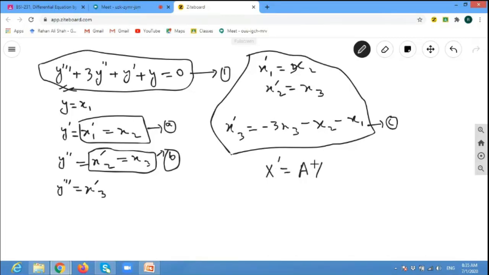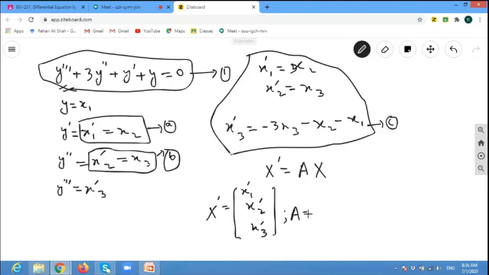We can write this system in this form, where x dash is a column vector, that is x1 dash, x2 dash, x3 dash, and this is x. What is A? A is the coefficient matrix.